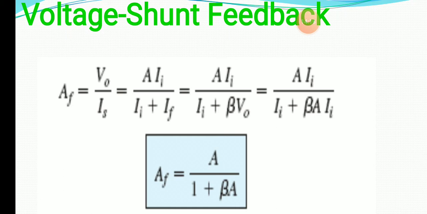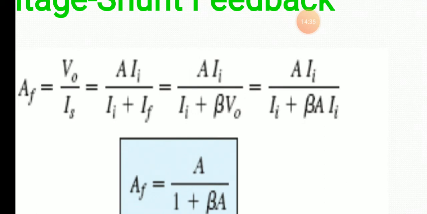Then what is output voltage? That is nothing but the gain times the input current, Ii. Then what is source current? Source current is the addition of two, input current plus feedback current. So again, A into input current divided by Ii. What is feedback current? Feedback current is nothing but beta V0.